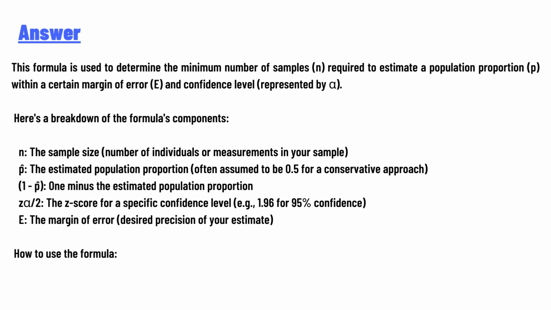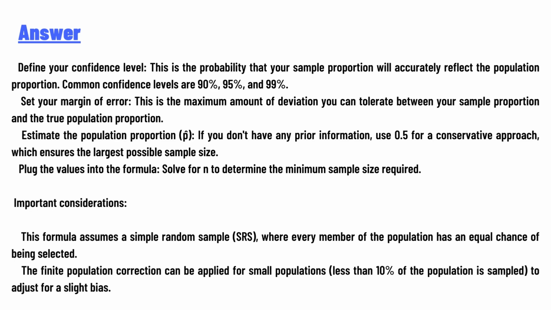How to use the formula: define your confidence level. This is the probability that your sample proportion will accurately reflect the population proportion. Common confidence levels are 90%, 95%, 99%. Set your margin of error. This is the maximum amount of deviation you can tolerate between your sample proportion and the true population proportion.